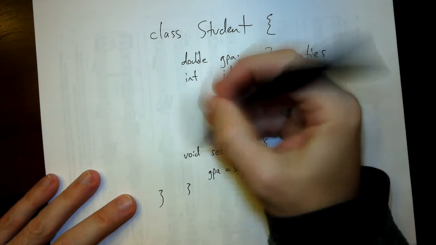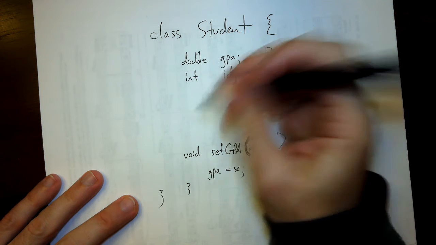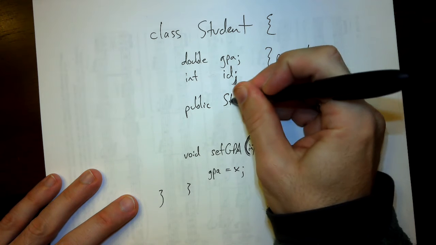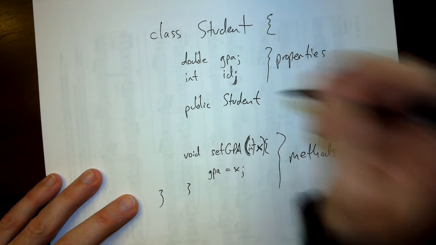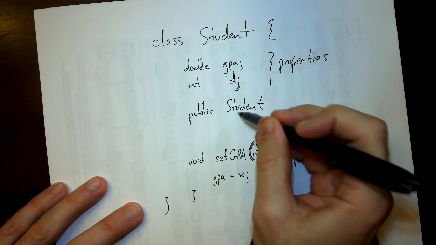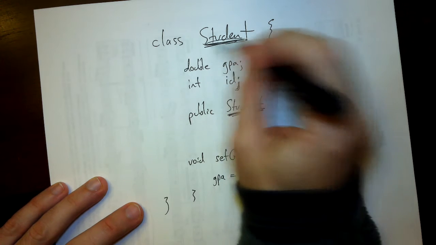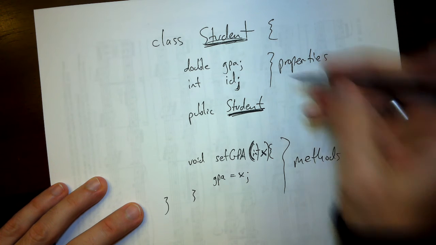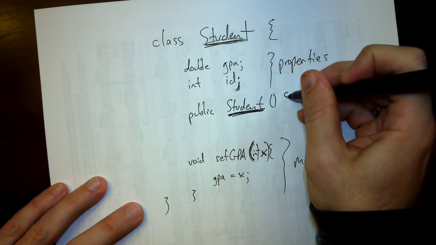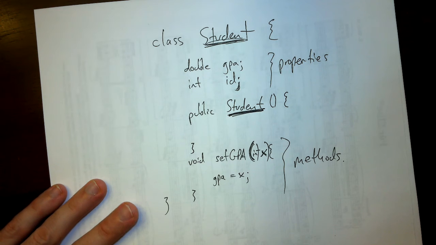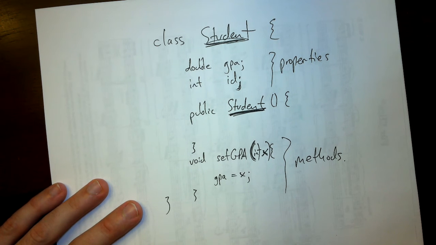So inside this class here, I'm going to have a constructor called student. So here my constructor and my class name are the same. I'm going to, again, not worry too much about syntax right now.